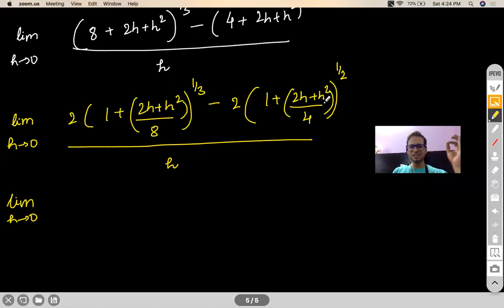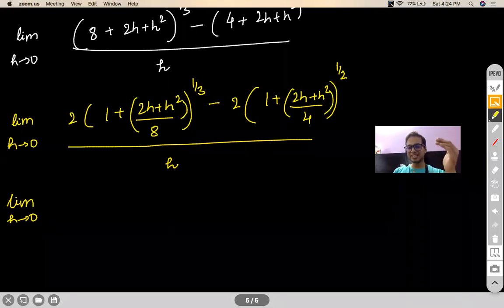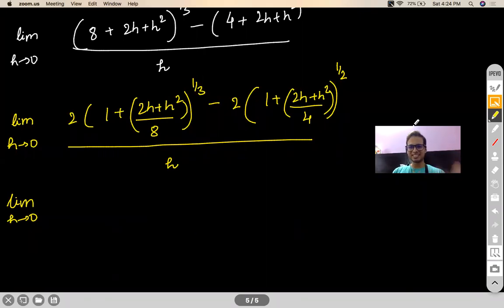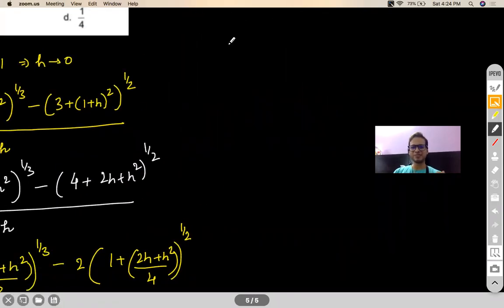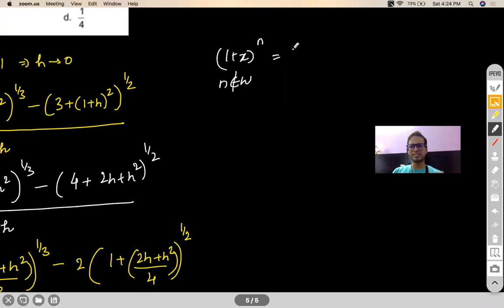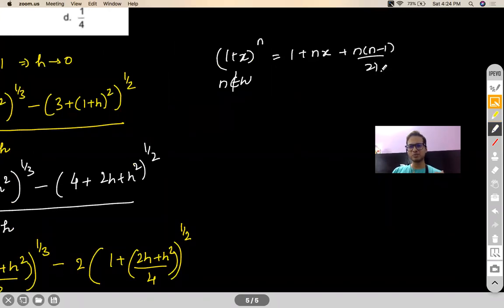Now recall the expansion that I had written in the last part of our discussion, when I was talking about Pranav's recommendation. So try to remember that expansion. If not, I will write it over here for your quick reference. 1 plus x to the power n, if n happens to be a fraction or a negative integer, goes like this: 1 plus nx, plus n into n minus 1 by 2 factorial x square, and so on, all the way till infinity.